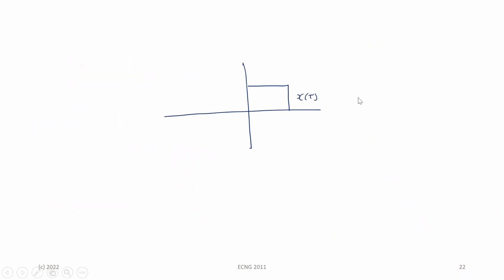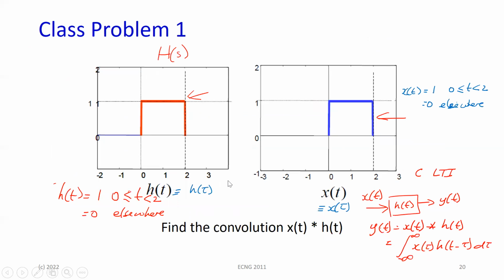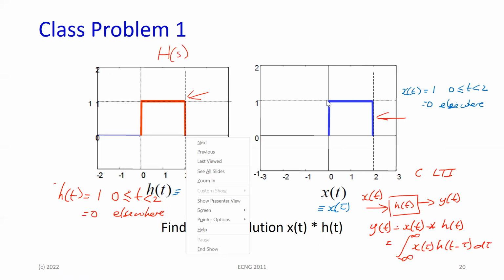Rashad: how are both of them 1 in the integral? You go back to step 1. Get equations for h(t) and x(t), or h(tau) and x(tau), which is from here. Notice we define them: h(t) is 1 between t equal to 0 and 2, and x(t) is 1 between 0 and 2. Once we change the variables from t to tau, we're not changing that.